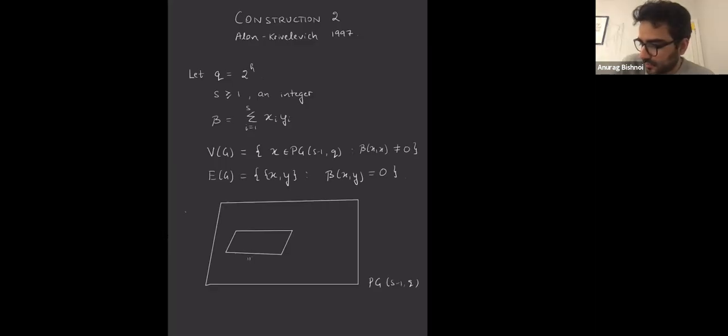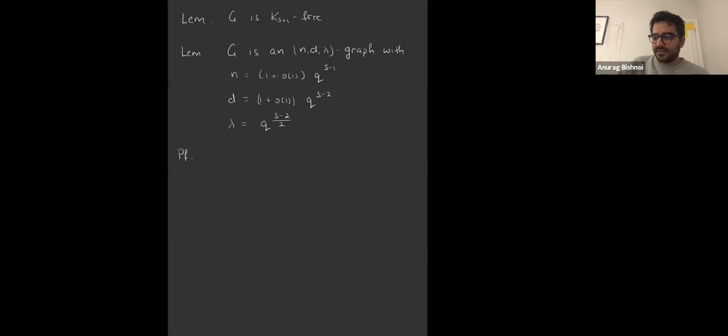So this is isomorphic to PG(s-2, q). And our vertex set is here. So this is the set of vertices. Cool. And again, the fact that this graph is K_{s+1}-free is the same proof, right?